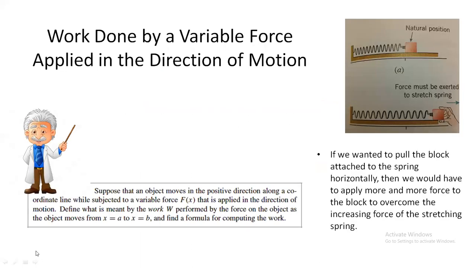Now in our case, what about work done by a variable force applied in the direction of motion? Suppose that an object moves in the positive direction along a coordinate line while subjected to a variable force. Take note, this variable force is f of x, and it is applied in the direction of motion.